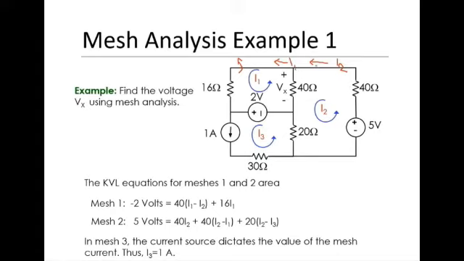And then we have the current flowing through here in the direction of I1. Since we're looking at this mesh, we assume that the current flow here is in the direction of the loop, and let's call that some current I.